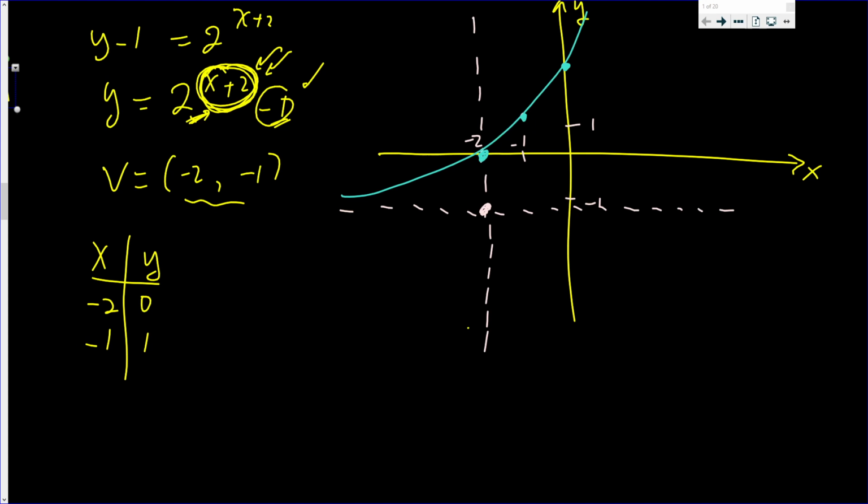Well, we know that that's when x is 0. Okay, so we know that y is 2 to the x plus 2, minus 1. So when x is 0, we get 0 plus 2 is 2, 2 squared is 4, minus 1 is 3. Okay, so it crosses at 3.